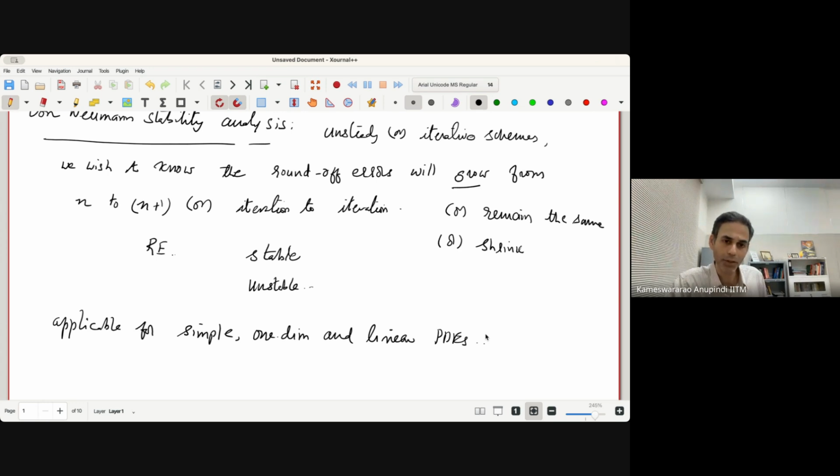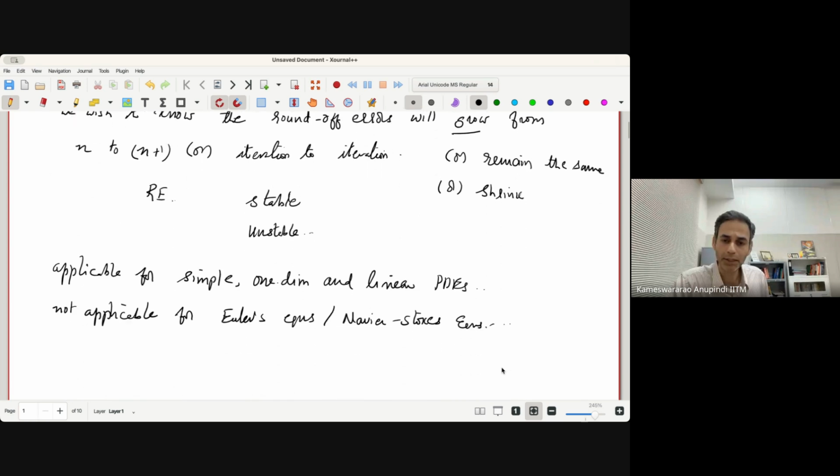It is not applicable, or it gets very complicated, for the general equations that we deal with in fluid mechanics and solid mechanics, such as Euler's equations or the Navier-Stokes equations.